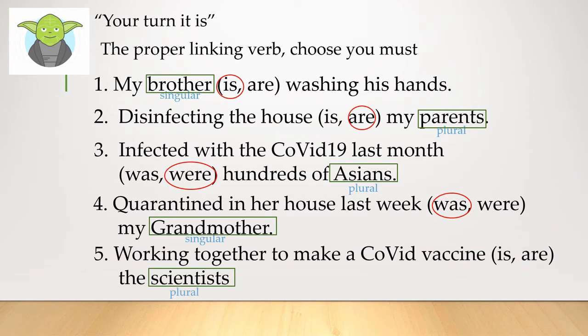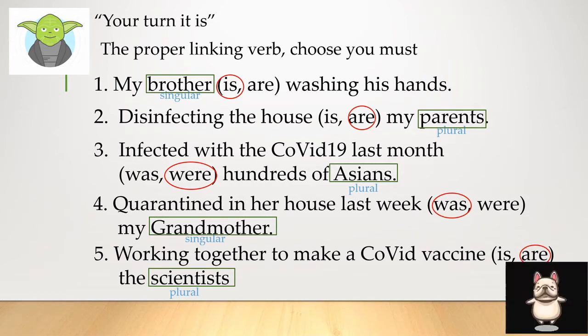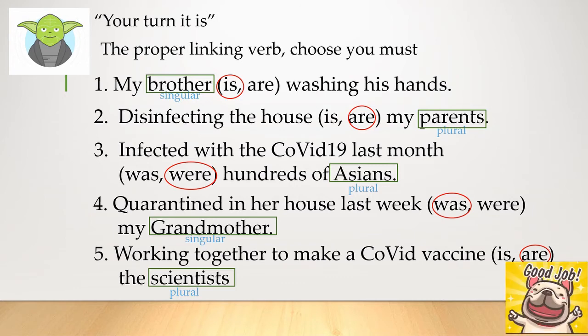It is indeed plural. So what do you think is the correct answer here? Are is the correct answer. Working together to make a COVID vaccine are the scientists. Good job!